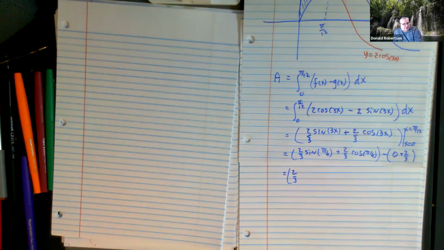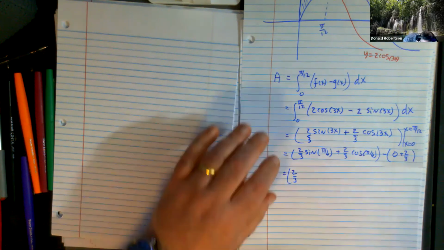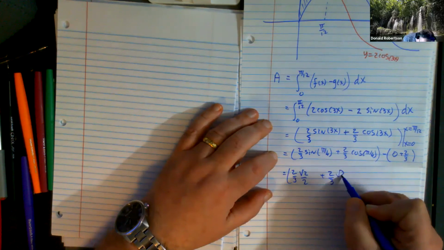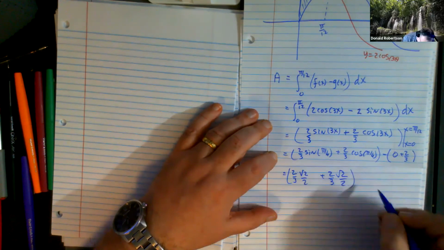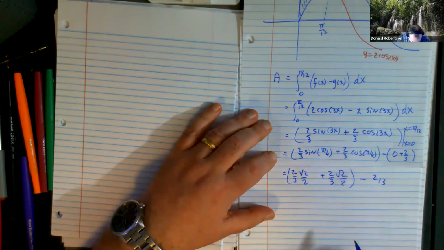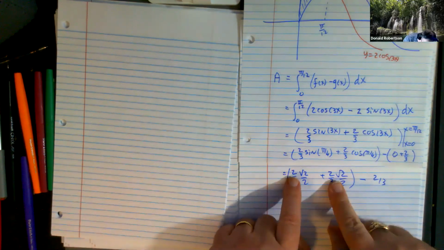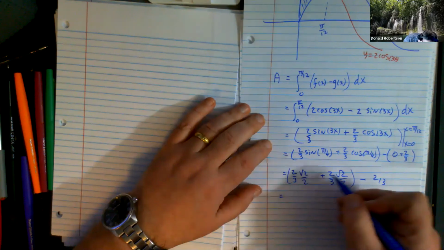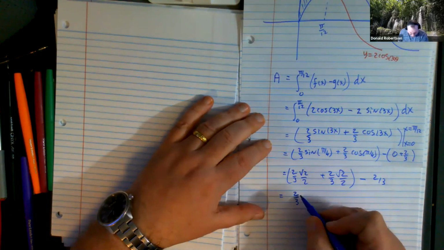Unit circle, whatever. √2/2. Agreed. And isn't the other one also one of the few times where they're both the same? Take away 2/3. Well, 2 of these plus 2 of these gets me 4, but the 2's cancel, so I guess I get 1/3 and 1/3. So at the end of the day, are you happy where the 2/3 are coming from?